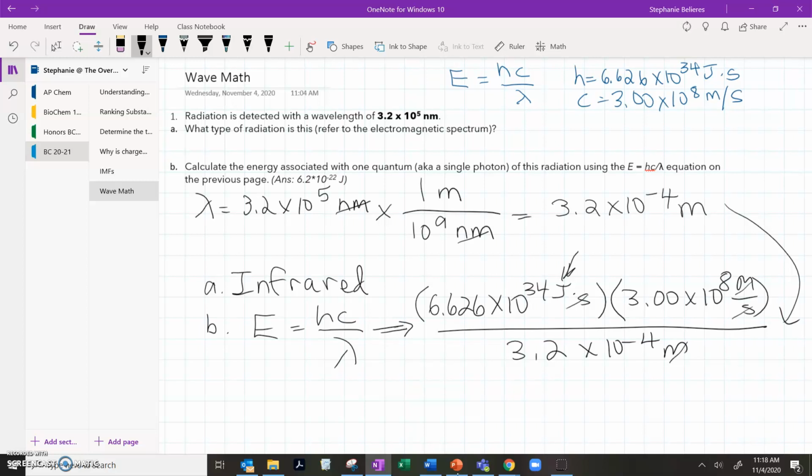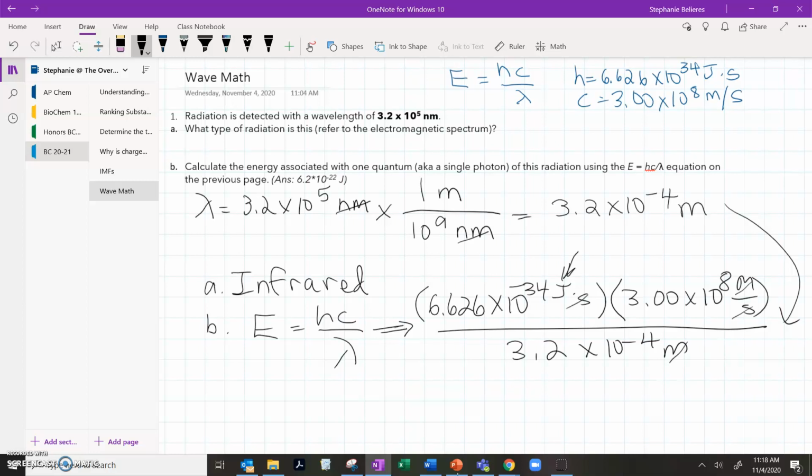All right, so I'm going to plug this into my phone. 6.626 to the 34th times 3 to the 8th. This should be minus 34.